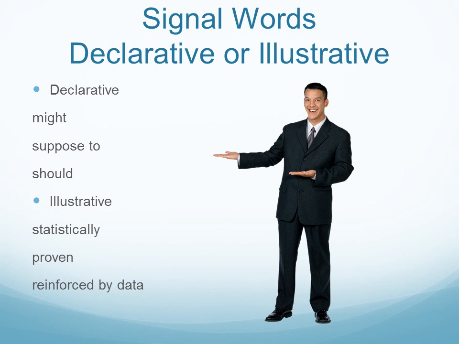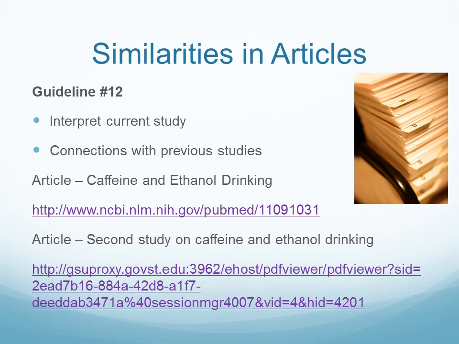I don't know if you would ever hear anybody say that, but you could say it because you would have test results, you would have exams by doctors that reinforce the data of what you're saying. So that would be another illustrative term that you would see in your articles that would signal you to know what type of statement that is.